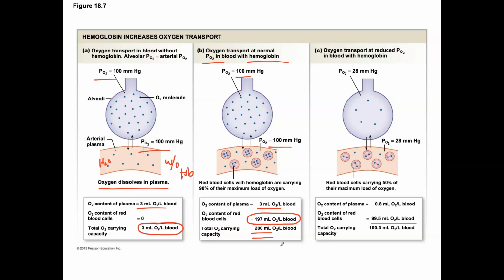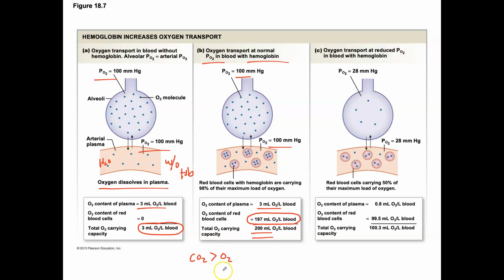That's a huge increase because we're using hemoglobin as something to bind to oxygen and transport it so that we don't have to rely on just dissolving oxygen in blood, because the oxygen solubility in blood is not very high. Carbon dioxide in water dissolves very freely, and it's greater than oxygen.